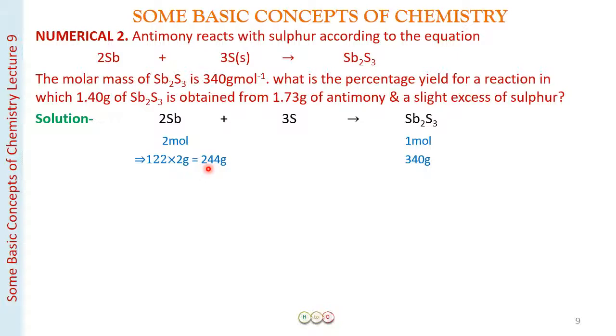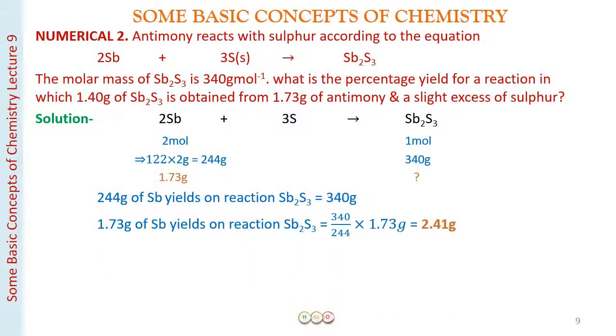So 244 grams of antimony is going to yield 340 grams of antimony sulfide, but we have 1.73 grams of antimony. So that is going to yield how much of antimony sulfide? This is going to come up to 2.41 grams. And now the percentage yield is again actual yield over the theoretical yield into 100.